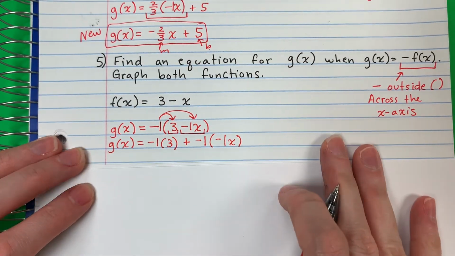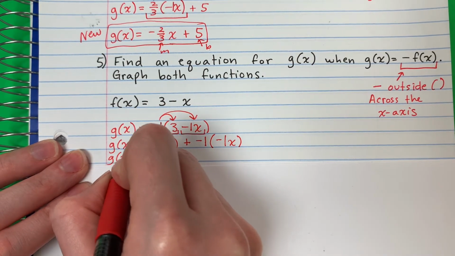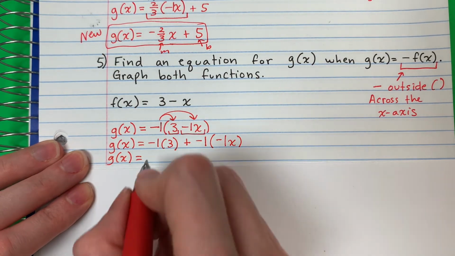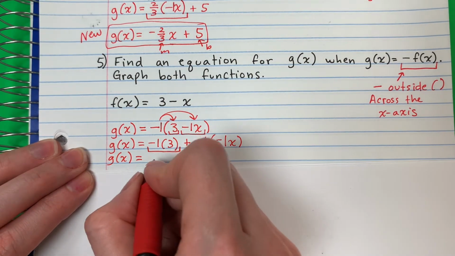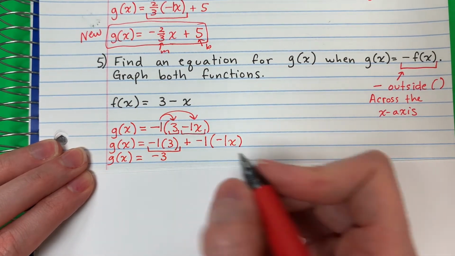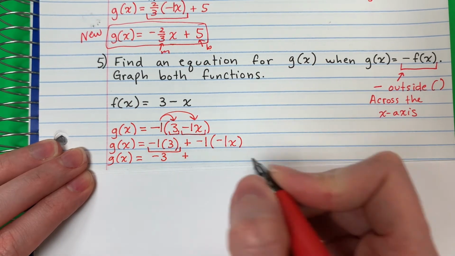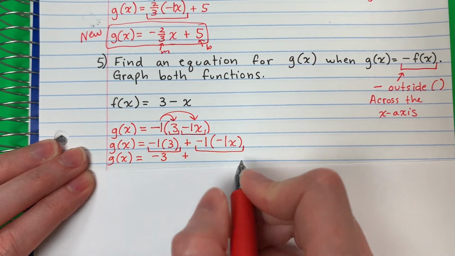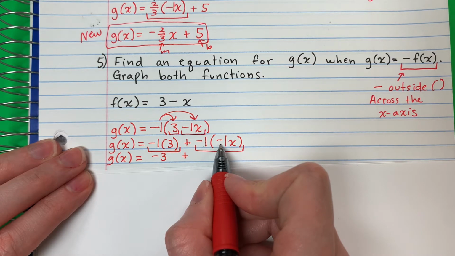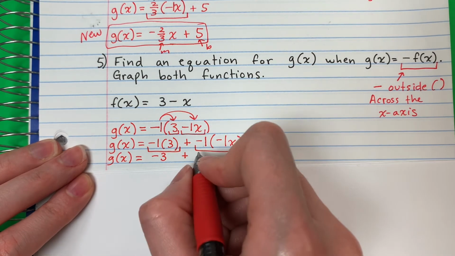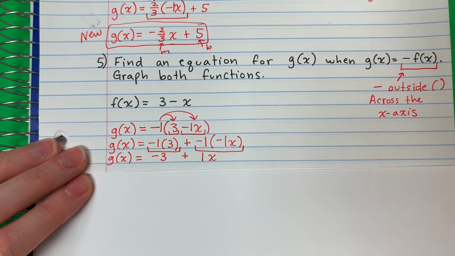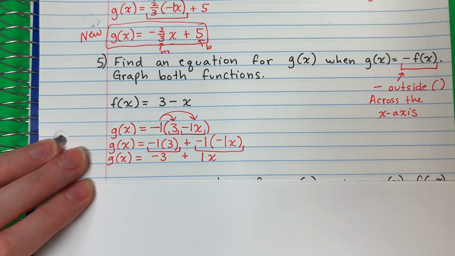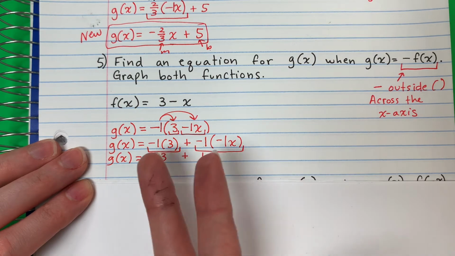Okay, so we're going to do g of x equals negative 1 times 3, negativo 1 por 3, negative 3, copy plus, copy más, negative 1 times negative 1, negativo 1 por negativo 1, it's positive 1, es positivo 1, copy x. Now remember, I need x in the front. Recuerda que necesito el x en frente, so I'm going to need to go ahead and switch.